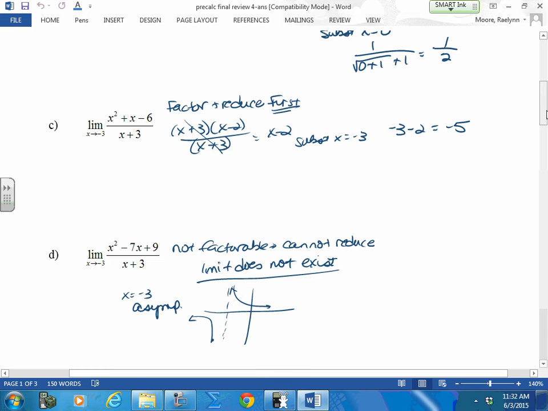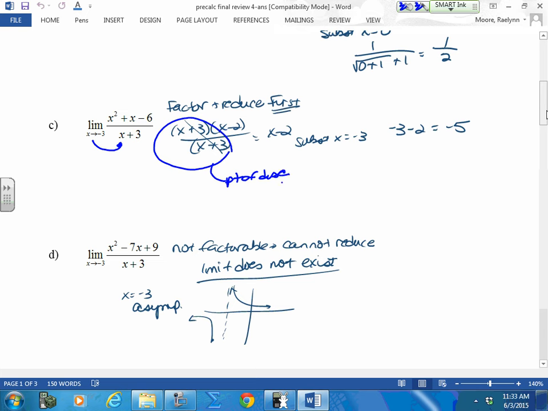So we say, what is the limit as x approaches -3? I plug a -3 in here, and I say, whoops, it gives me a 0. So I must have to somehow get the x plus 3 out of there. So it's a factor. So I'm going to factor and reduce. What I factor out, remember, is called your point of discontinuity.